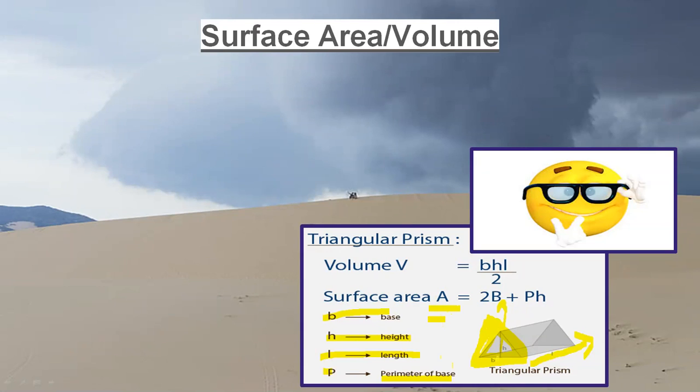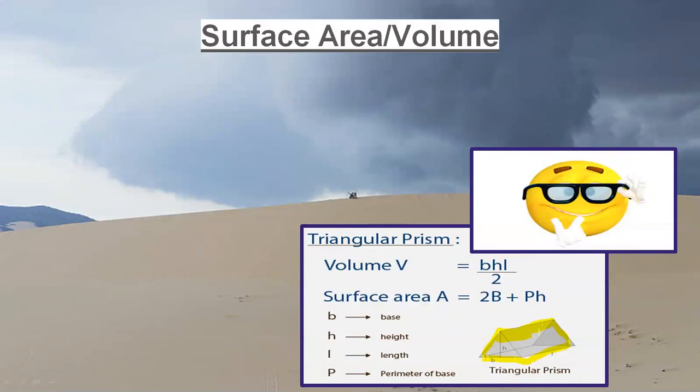Actually, we have a triangular base, so we are multiplying 2 with the base area. And what about the height? This height should be multiplied with the perimeter. So it gives you the whole surface area for this shape.